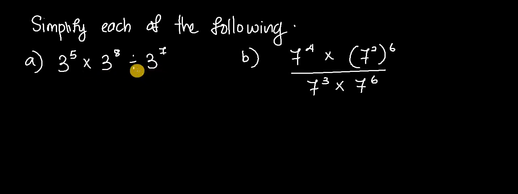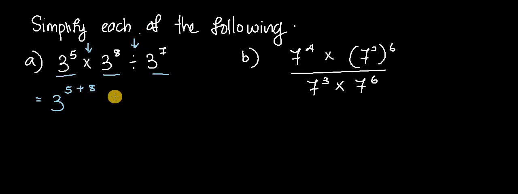So what am I going to do? First, whenever you're doing indices, you always have to make sure that your base is the same. In here, all my bases are the same. It's 3. Hence, you can use the laws of indices. So I have times, that means it's plus with 8.